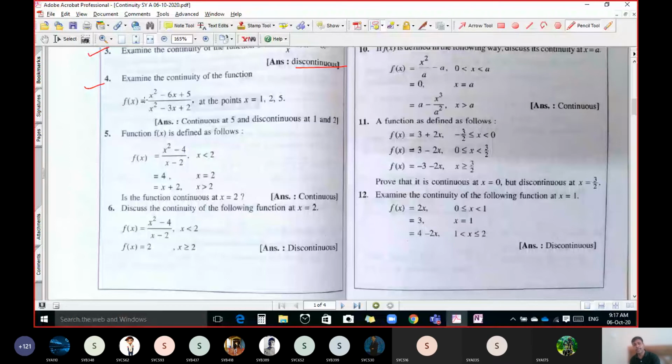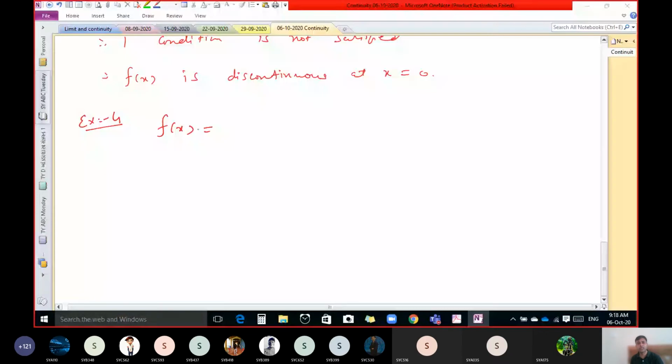It is a slightly lengthy question because we have to check 3 values. Let us first write down f of x: x square minus 6x plus 5 upon x square minus 3x plus 2.